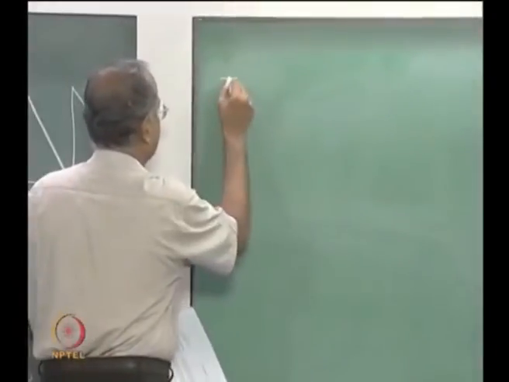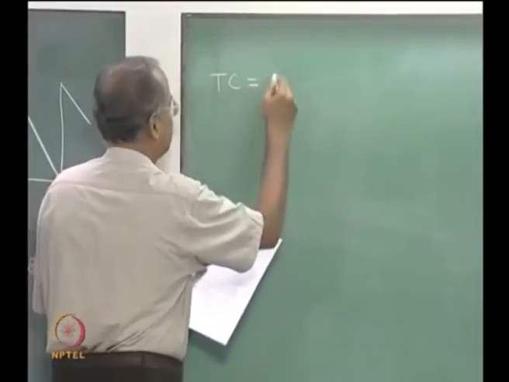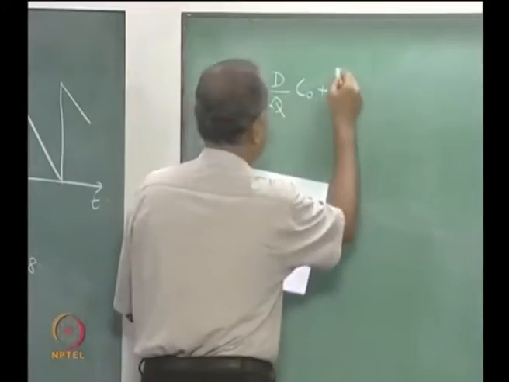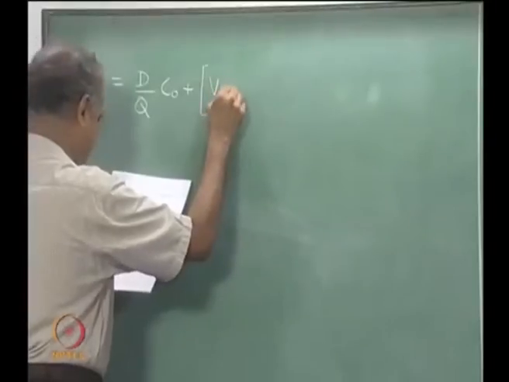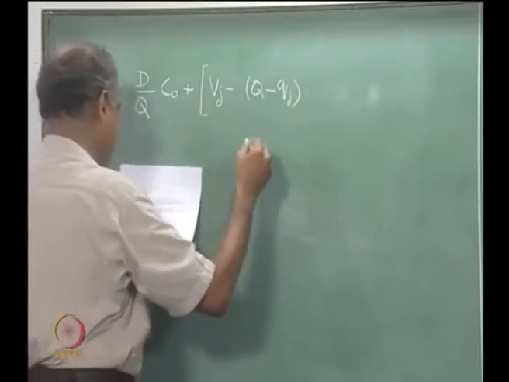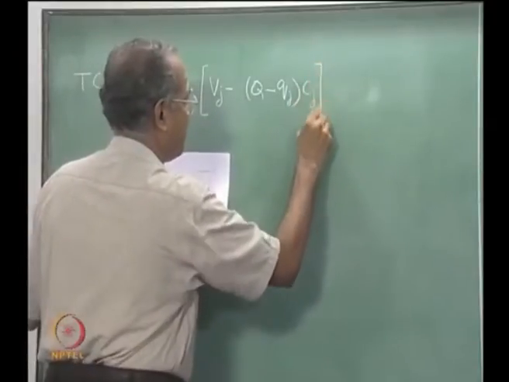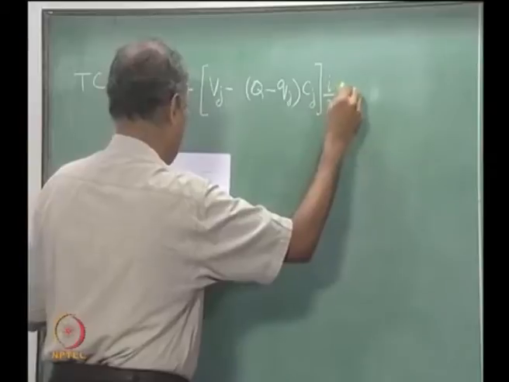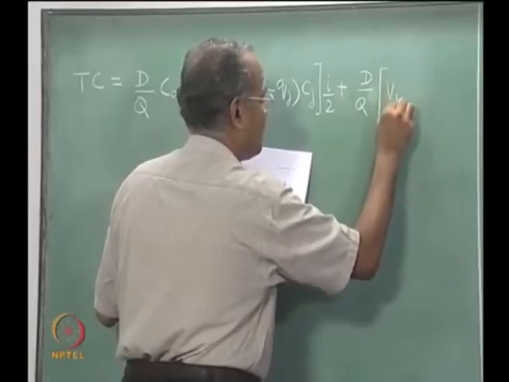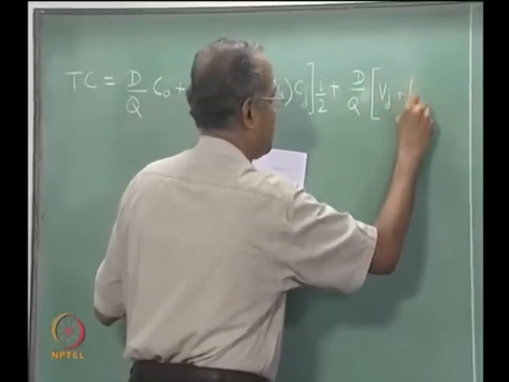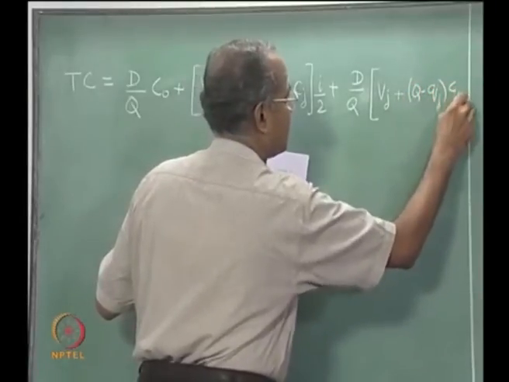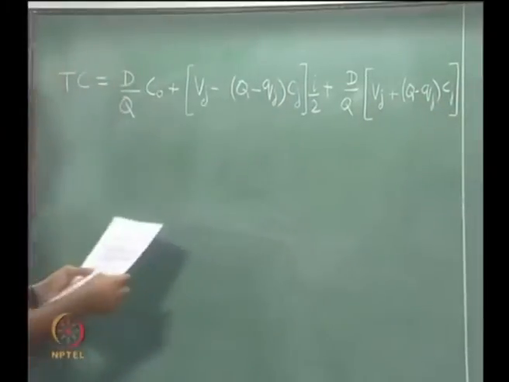The derivation will be as follows: Tc is equal to D by Q C naught plus (Vj minus Q minus Qj) into Cj into I by 2 plus D by Q into (Vj plus Q minus Qj) into Cj.